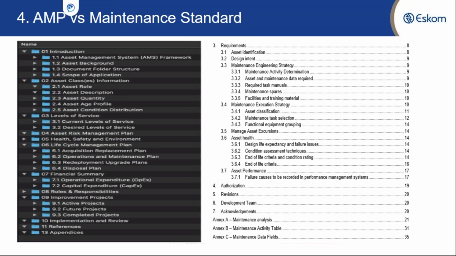The differences are that the maintenance standard is focused more on maintenance activities, whereas an asset management plan looks at the whole life of an asset, and it addresses all of the various elements that have to be put in place in order to manage this asset effectively.